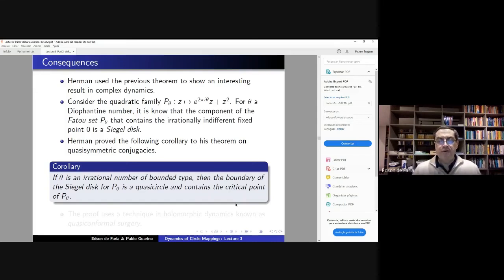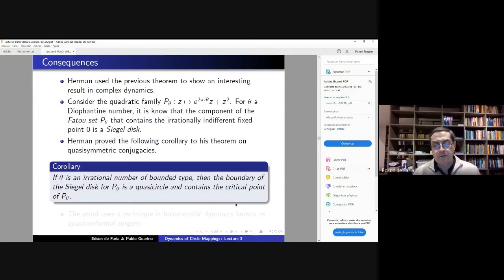It will have a boundary which is a quasi-circle. A quasi-circle is the image of a round circle by a quasi-conformal homeomorphism of the plane, or the Riemann sphere. And moreover, the critical point of P_theta is going to lie in the boundary of the Siegel disk, in this quasi-circle, okay.